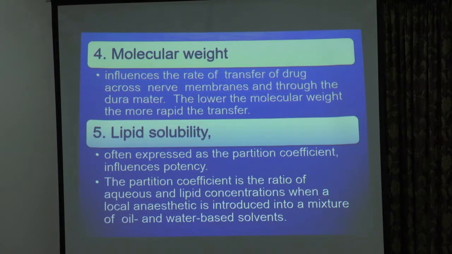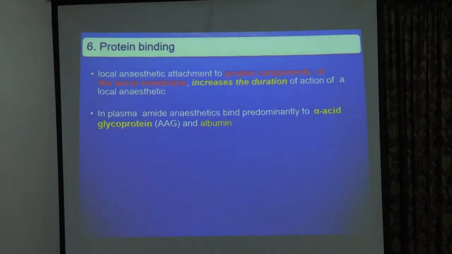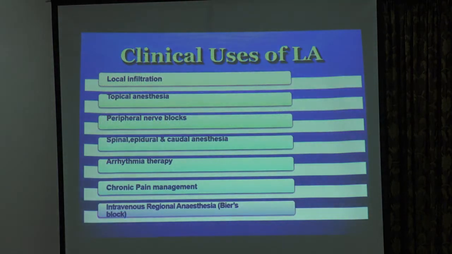So a smaller local anesthetic, smaller in terms of size, will cross the layer faster compared to bigger ones. And then we talked about lipid solubility too. Also protein binding. If the local anesthetic binds to protein, then it can't easily be released. So you get it being released in slow form, and you get a very long duration of action. Okay, if it binds to protein.